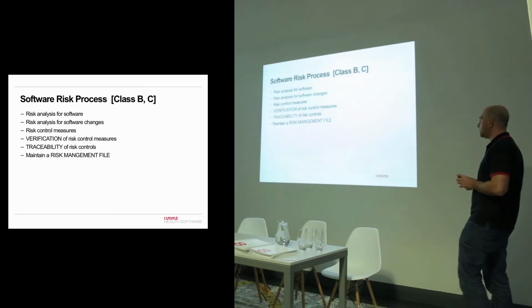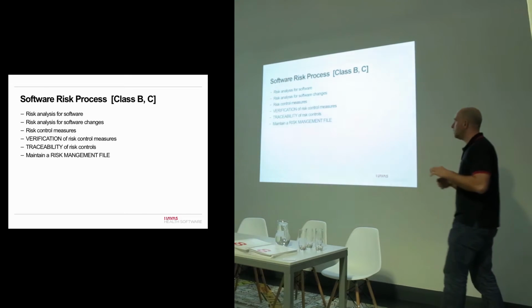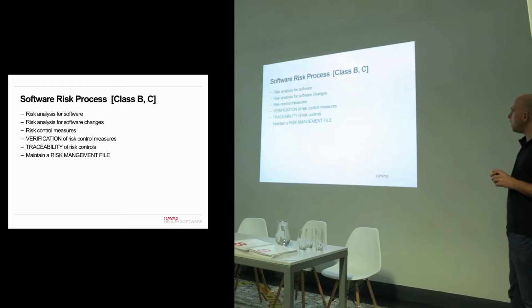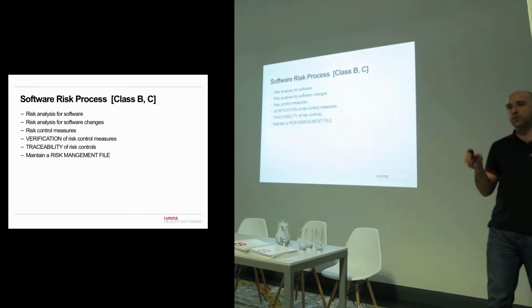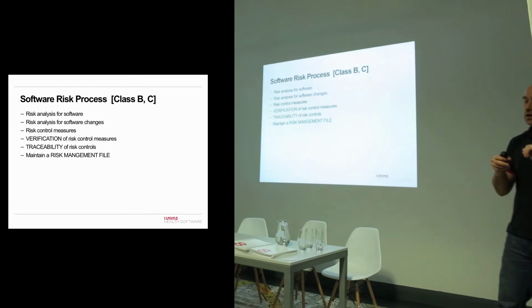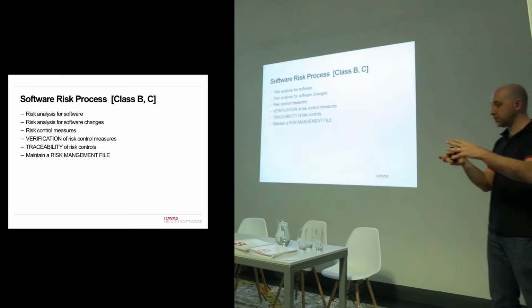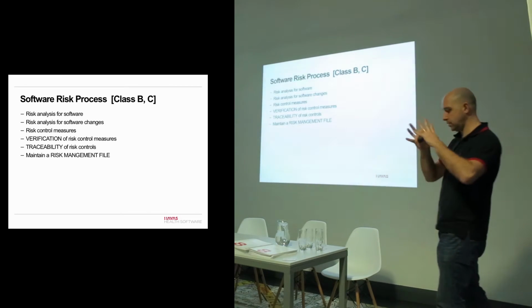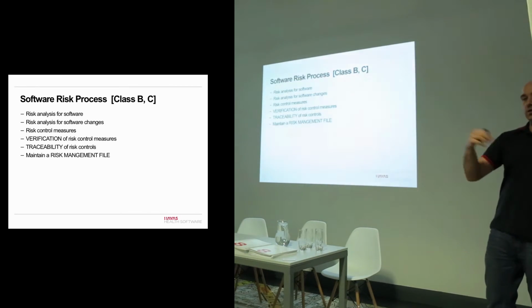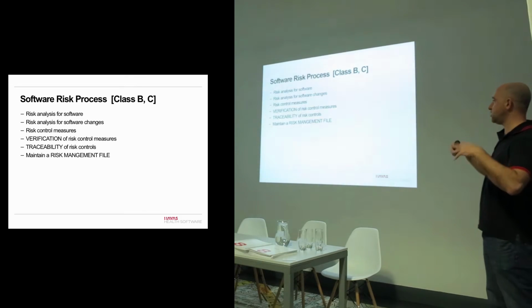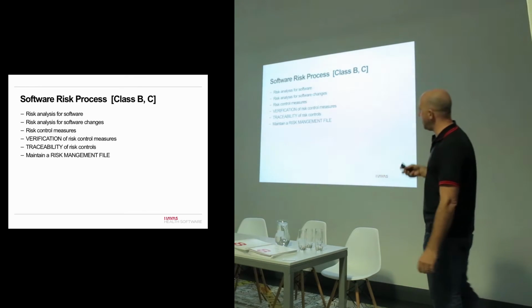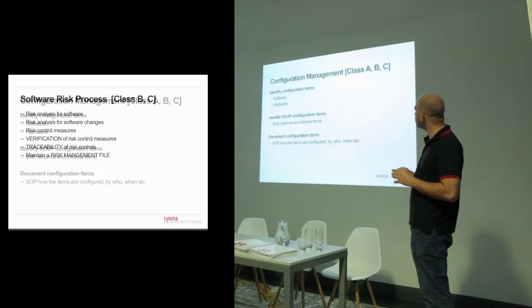The one that I favour is fairly low effort, but you can use whatever one you want. In terms of the actual risk analysis, you're looking for the risk analysis in the software, but also in changes to the software. If you take a change, you need a change management process, because what's the risk? What's this doing? What's this causing? Is it changing my classification? Is it increasing my risks? Or what are my measures to control those risks?